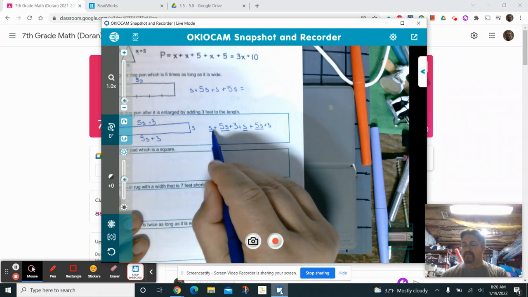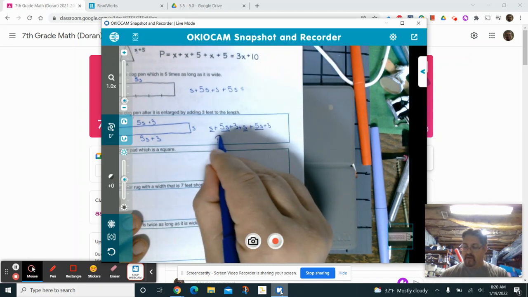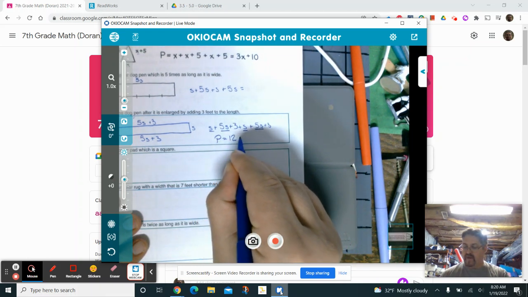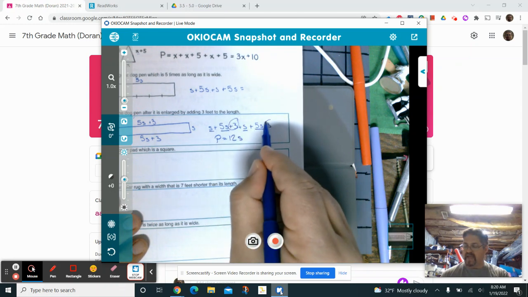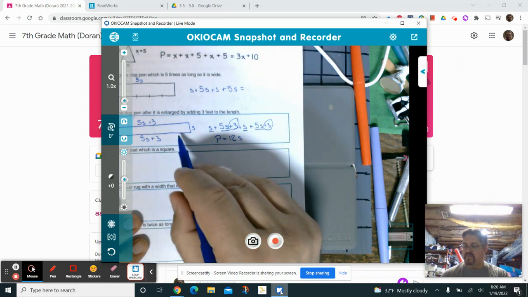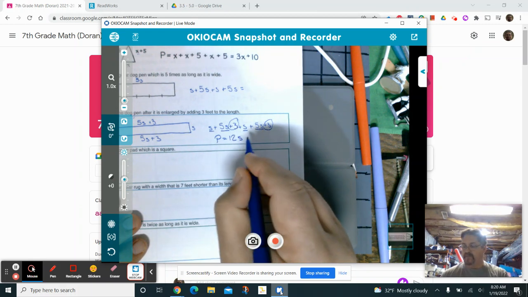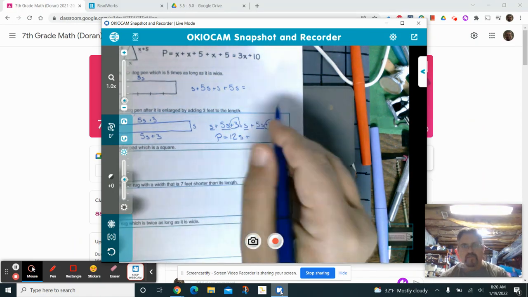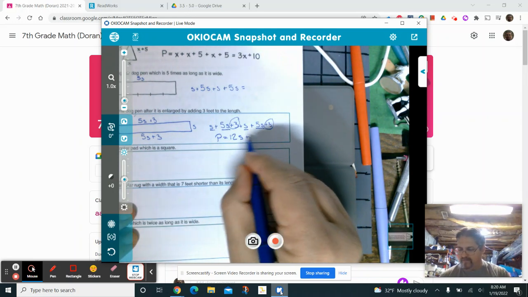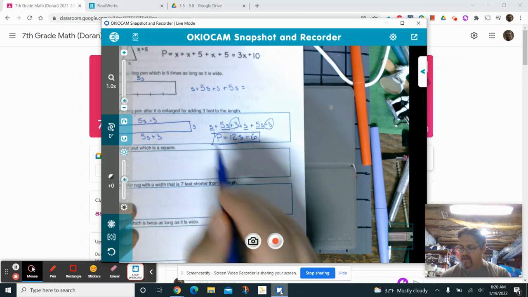Yes, very good. Plus 1 more is 11. Plus 1 more is 12. So our perimeter equals 12S, but we have to add the 3 feet to the top and bottom sides, right? Plus 3 plus 3. And 3 plus 3 is, yes, Aubrey, I heard you the first 3 times you said it. 6. Okay, 12S plus 6. Yes, that is our final answer. Boom!